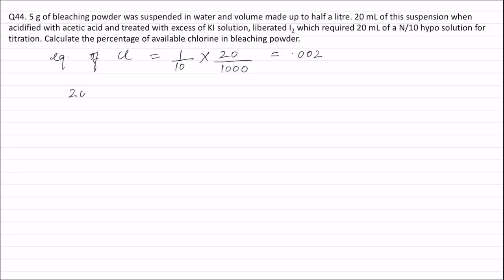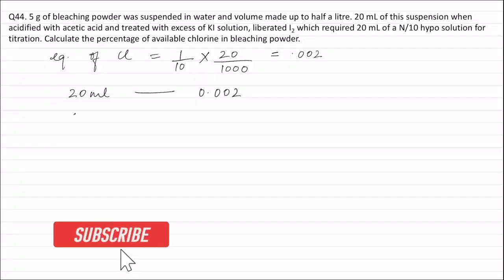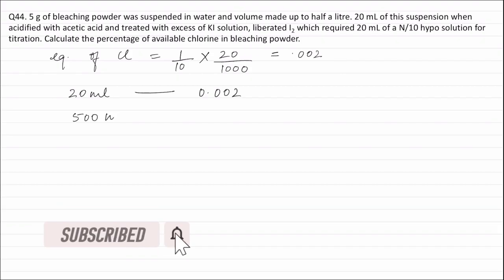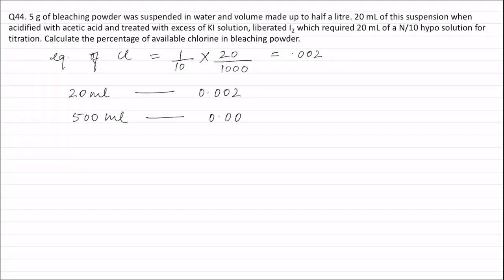Therefore, 20 milliliter of bleaching powder suspension contains 0.002 equivalents of chlorine, and 500 milliliters of bleaching powder suspension will contain 0.002 divided by 20 into 500 equivalents of chlorine.